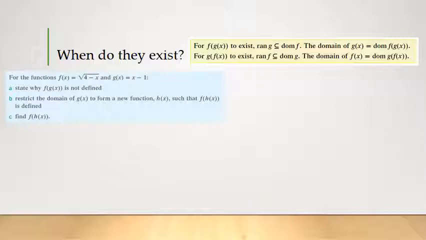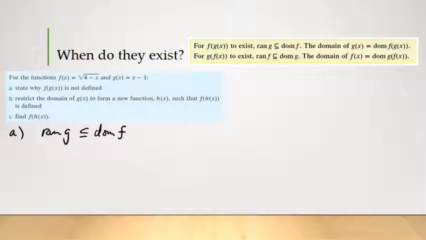Okay, so then we have another two functions. For the functions f of x equals the square root of 4 minus x and g of x equals x minus 1, state why f of g of x is not defined. For f of g of x, the range of g must be contained in the domain of f.